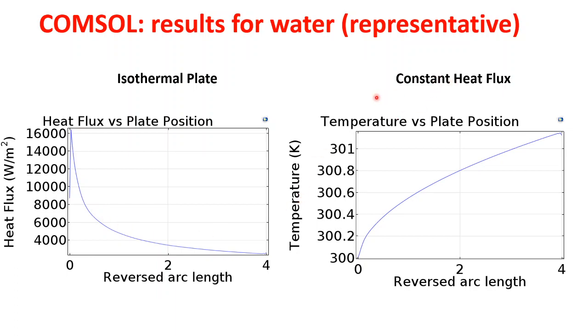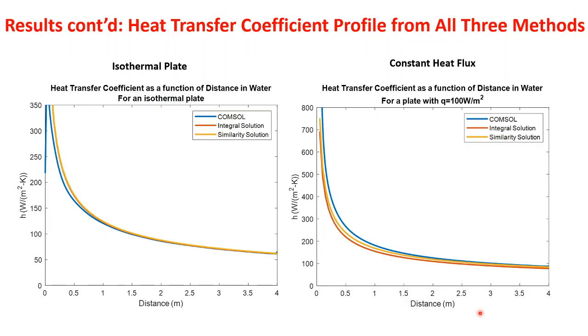And likewise for heat flux, I outputted local plate temperature as a function of the plate's length. And this is what I exported into MATLAB to finally calculate H, which I'll show you here. So here are the plots generated by MATLAB for the isothermal plate for water, given all three methods.